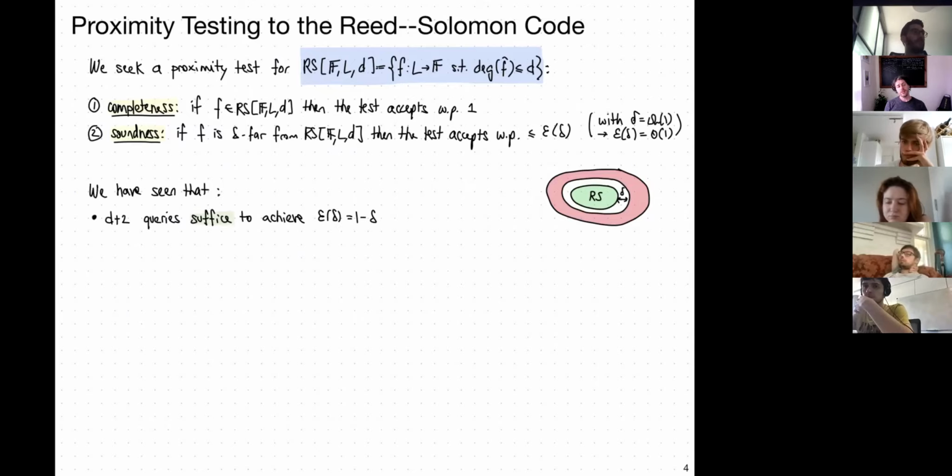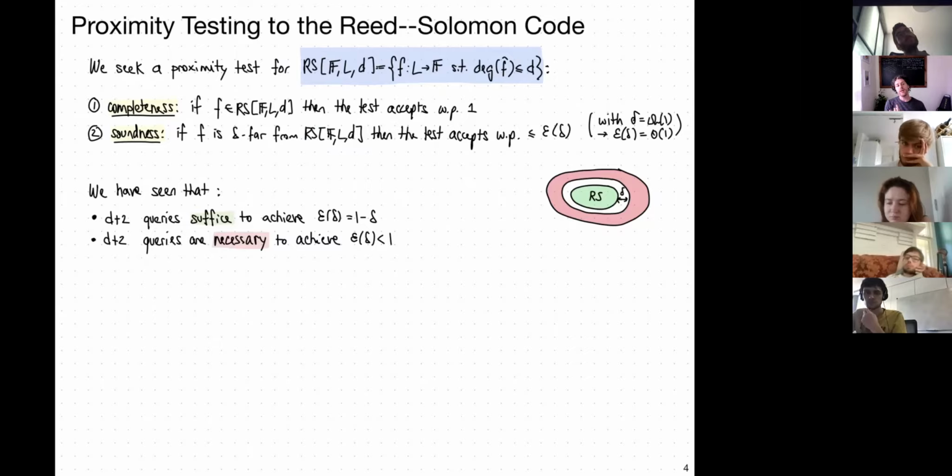Okay, but what have we already seen? So we know that using D+2 queries, we can get a nice test just by querying D+1 points and then another random point and interpolating and checking for consistency. But we also know that D+2 queries are necessary in order to achieve any decent soundness.